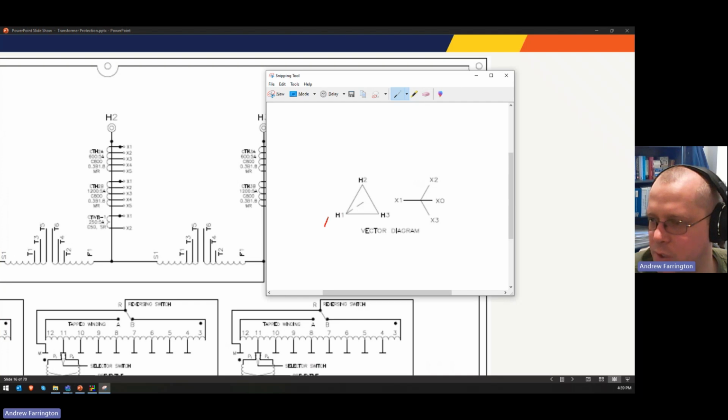So if you connect this A, B, C, or 1, 2, 3, whatever convention your particular client or utility is using. Again, if we have our eye over here watching this rotate, you're going to see A, and then B, and then C. But that really depends on where you start, right?